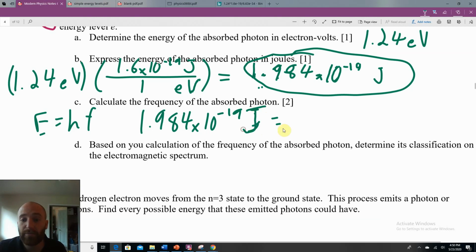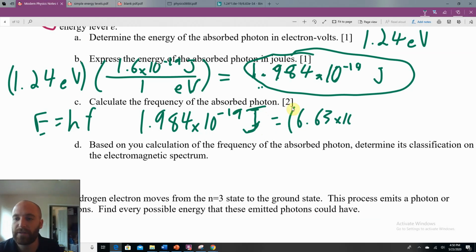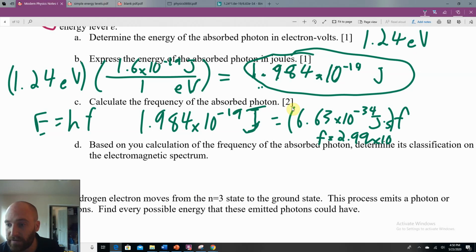Remember, h stands for Planck's constant, and like all the constants, it's right on the front of the reference table, with a value of 6.63 times 10 to the negative 34 joule seconds. We're solving for f. I got 2.99 times 10 to the 14 hertz for my frequency.